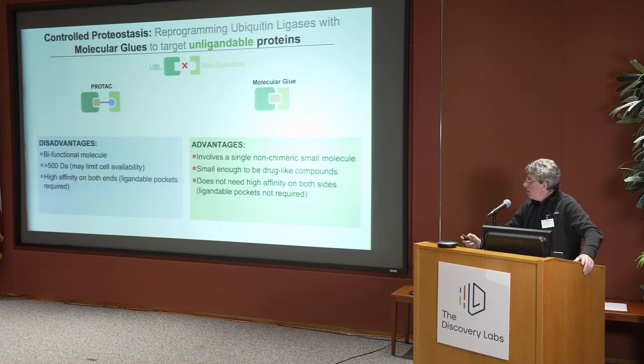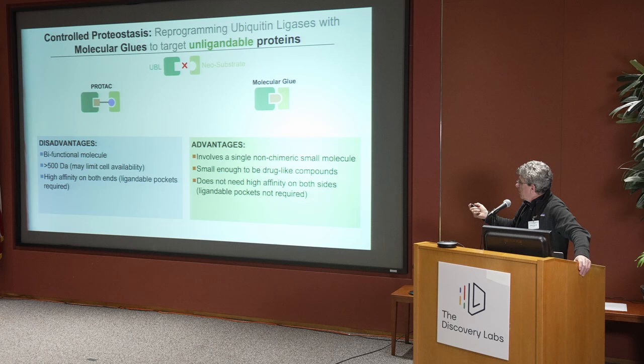The other interesting part is the studies from Ning's lab, and I believe he will present some of these, which show that you don't need high affinity on both sides. Here, for PROTACs, you do. Here, you need affinity only on one side. And in general, the substrate, but it could be the opposite, doesn't have a pocket that is ligandable.